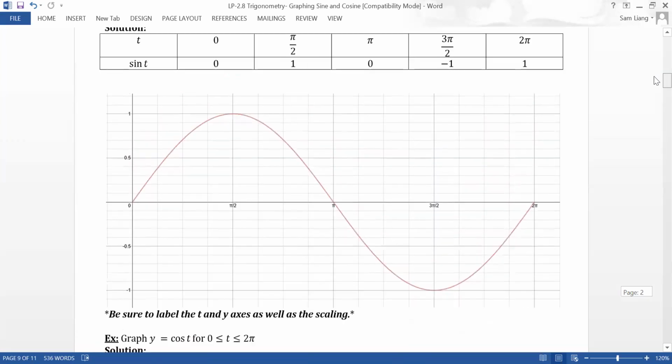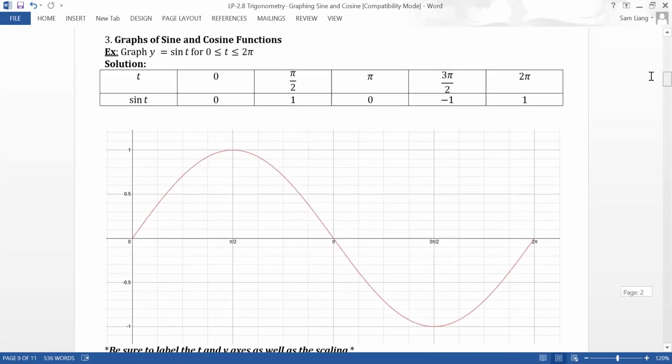Okay, so first let's graph sine of t. I'm going to fill out this table of values. So we have 0 to 2 pi. Sine of 0 is 0, sine of pi over 2 is 1, sine of pi is 0, sine of 3 pi over 2 is -1, and then sine of 2 pi is 0. These are the same values as the ones we had in the do now chart, but hopefully you know these by heart by now.